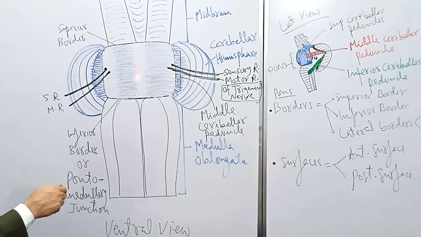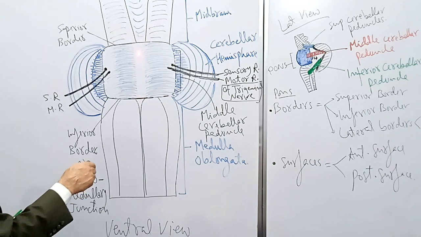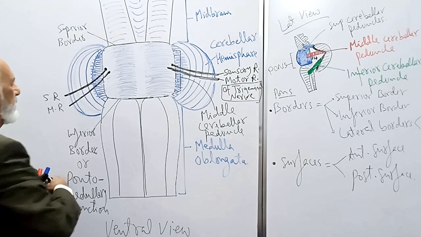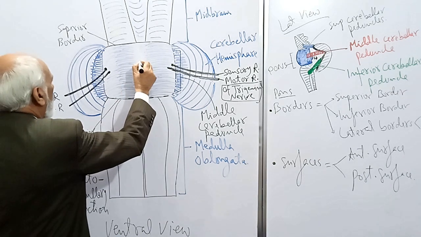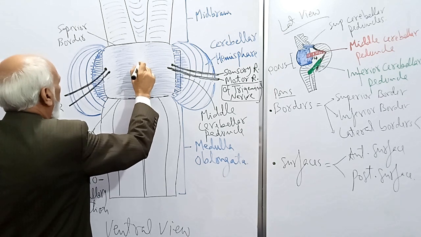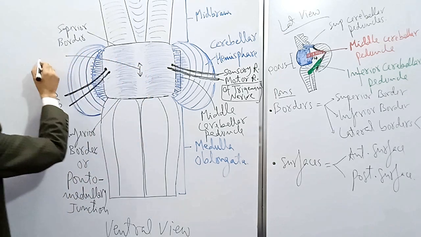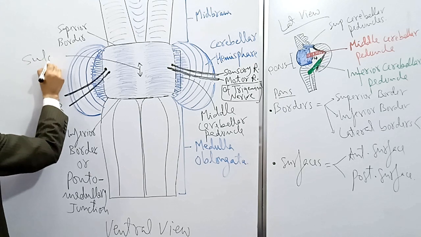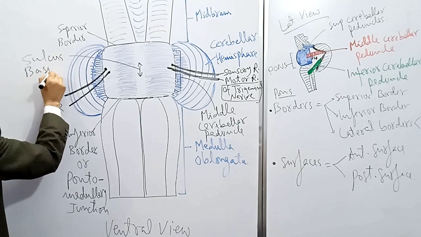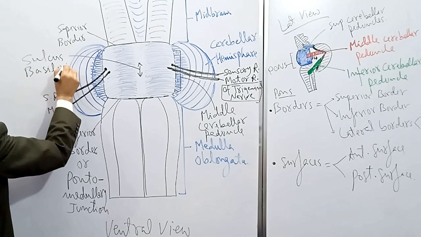Now in the middle of the ventral surface of the pons there is a wide sulcus. This sulcus is known as the sulcus basilaris.